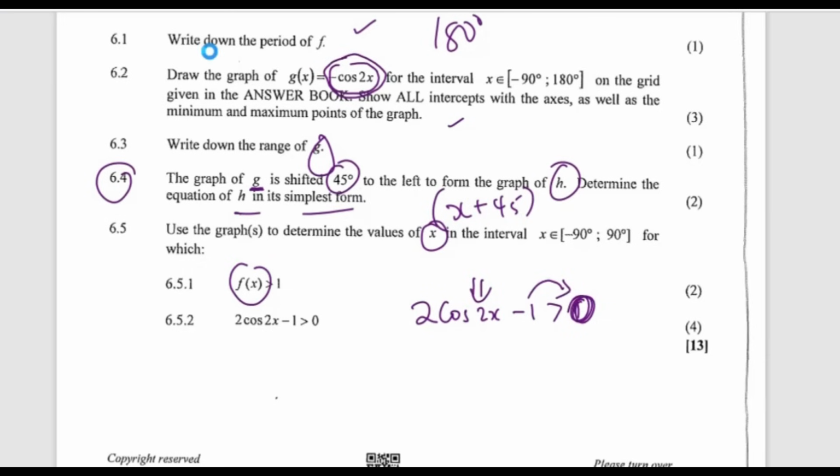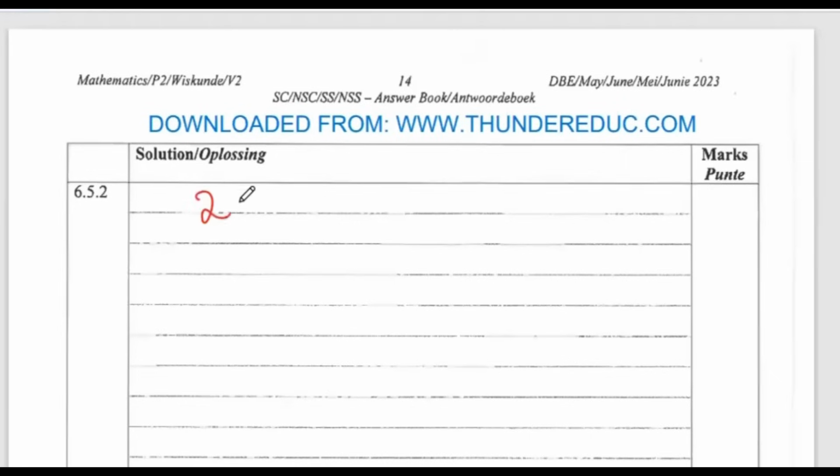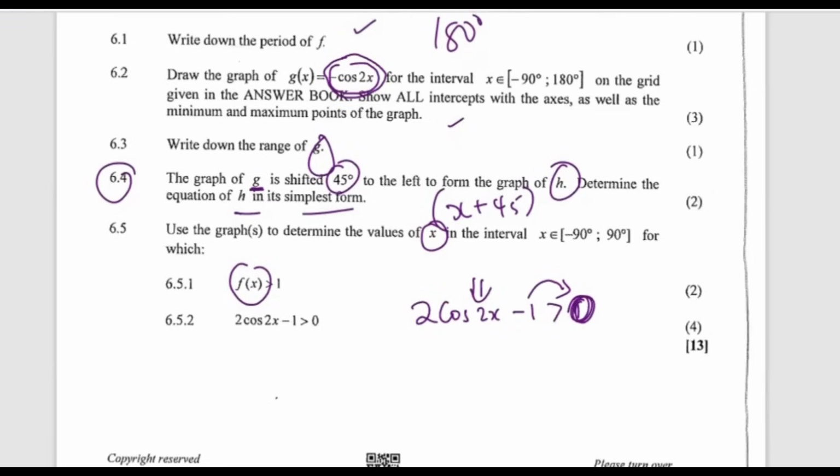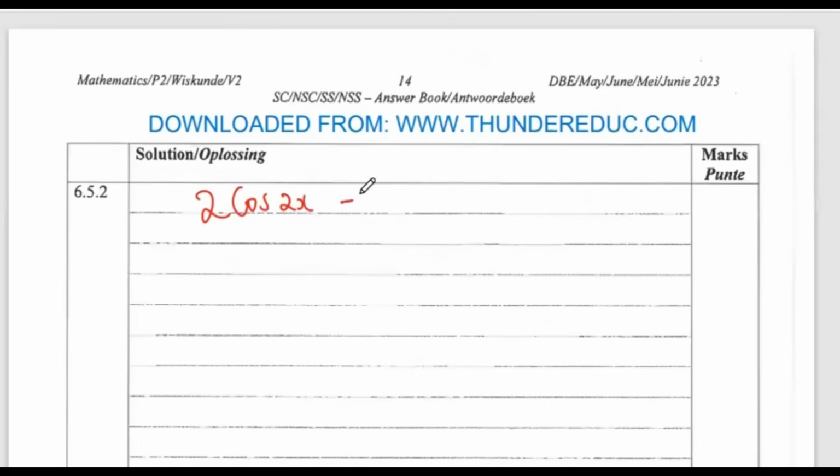So say 2 cos 2x minus 1 is greater than 0. Move the one to that side so that you have 2 cos 2x is greater than +1. Then I'll divide both sides by 2 so that cos 2x is greater than a half.